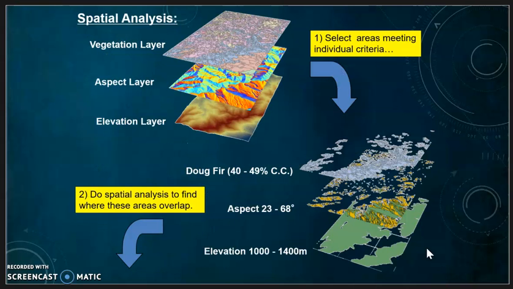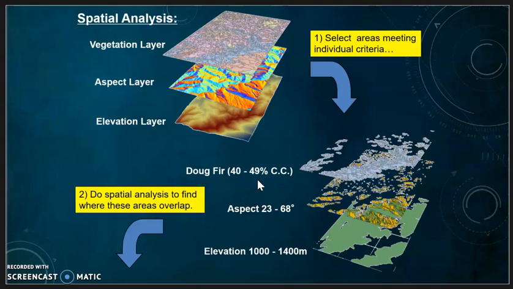Okay, so here I've got all my different layers that I need. I've got my vegetation layer, I've got my aspect layer, and I've got my elevation layer. And so I'm going to have to select areas meeting the individual criteria. And so I could do different queries. I could use clip. I have a few different options of what I need to do.